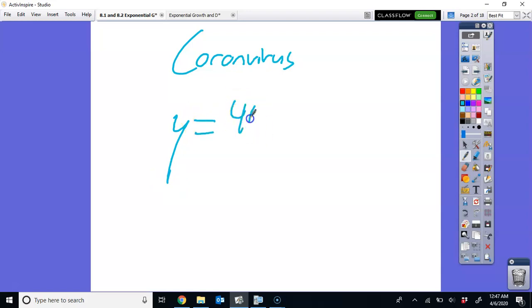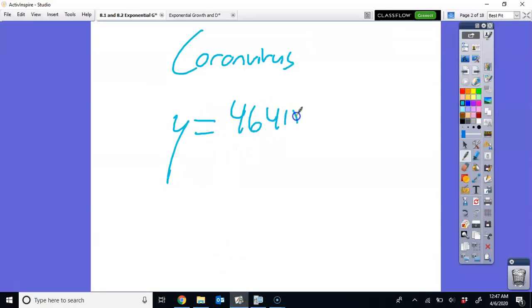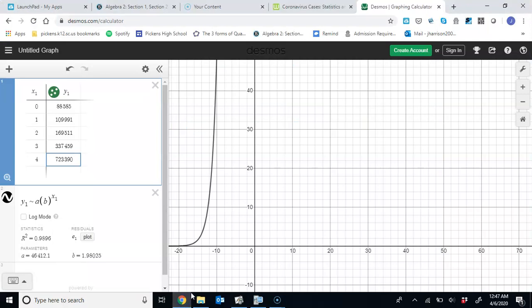Our beginning amount, 46,412 right there. Notice that's not the actual beginning amount I started with, but this is a best fitting line. And then 1.98 raised to the x power, because 1.98 would be my b value.